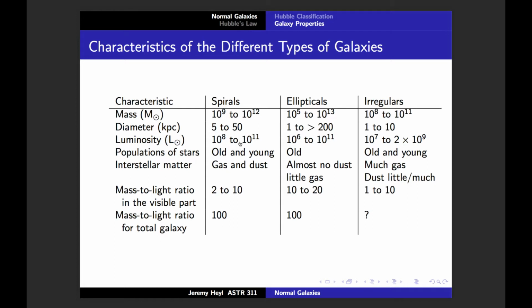They typically have lots of gas, so they're gas-rich compared to the other types of galaxies. What makes them irregular is they're generally forming stars quite actively in different parts of the galaxy. It's not very well organized, so they look irregular.